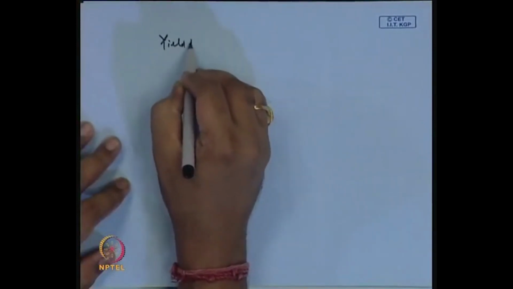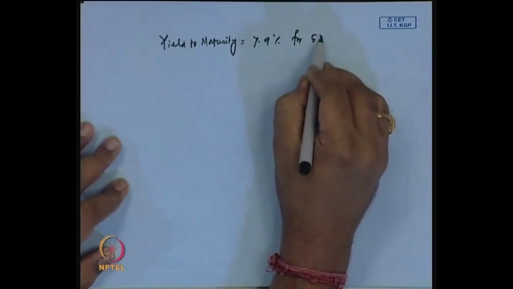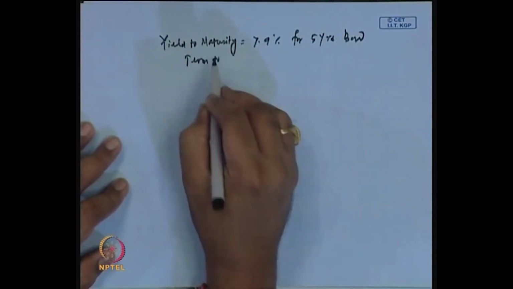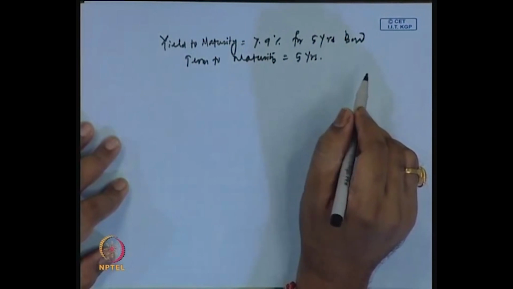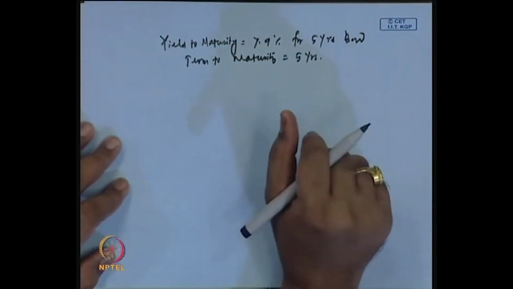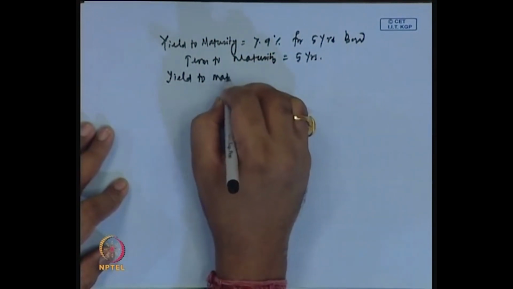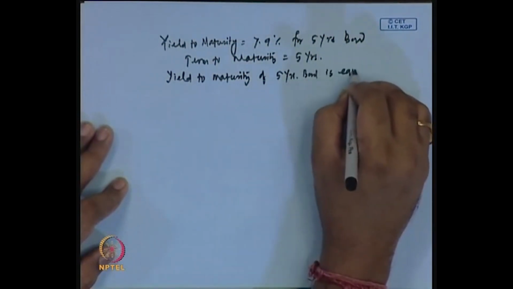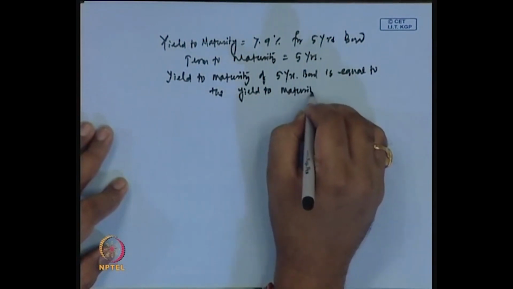Let there be bonds available with a yield to maturity of 7.9% for a 5 years bond, that means the term to maturity is 5 years, and because of the flat nature of the yield curve, the yield to maturity of the 5 years bond is equal to the yield to maturity of the 6 years bond.